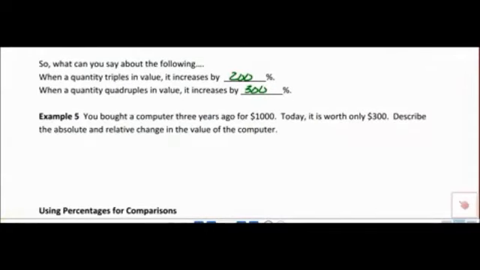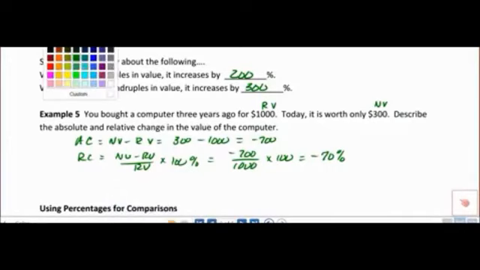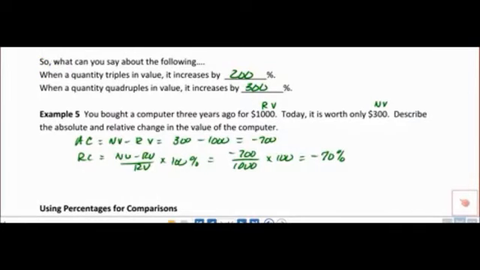Now set up and work problem 5, finding the absolute and relative change. Pause the computer, and once you have your values, turn it back on and see if your values are correct. First thing you need to do is recognize which value is the reference value and which value is the new value. So when I read this, it says I bought a computer 3 years ago for $1,000. Well, that's going to be my reference value, thinking about time.